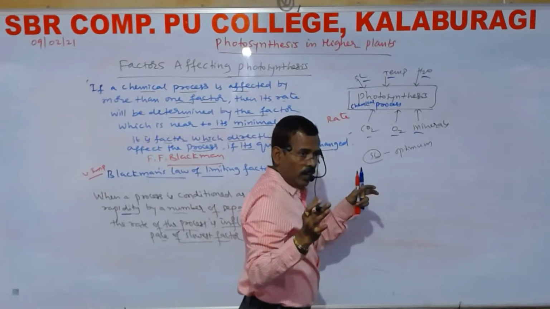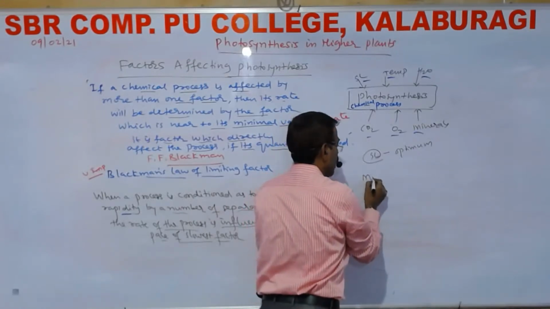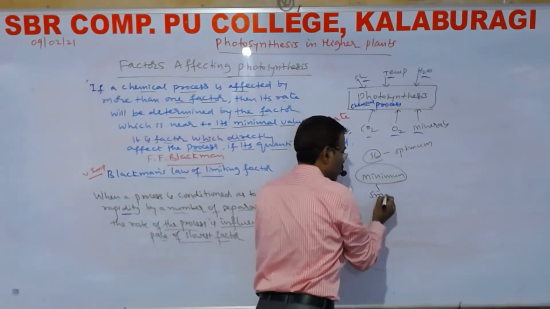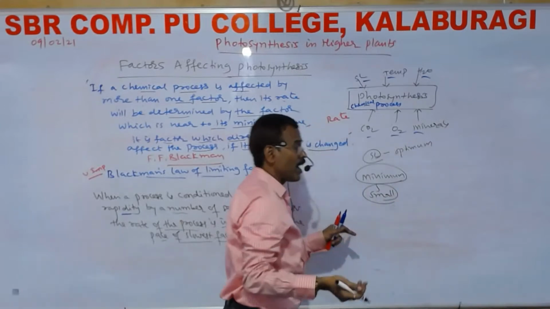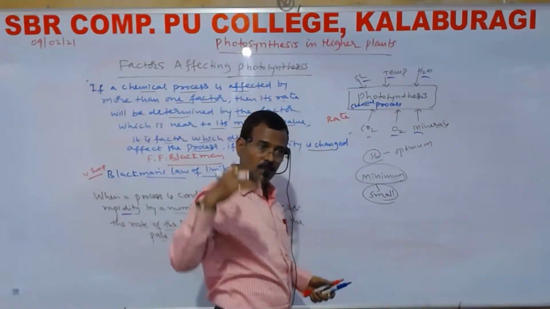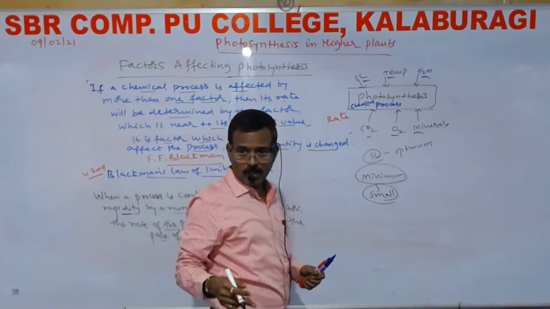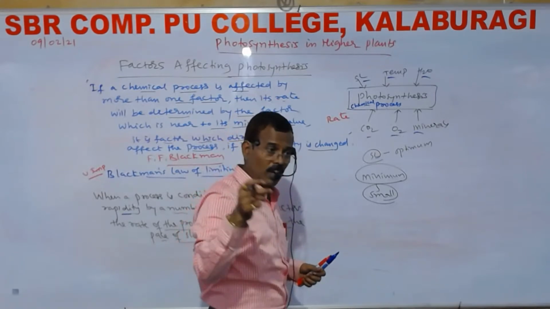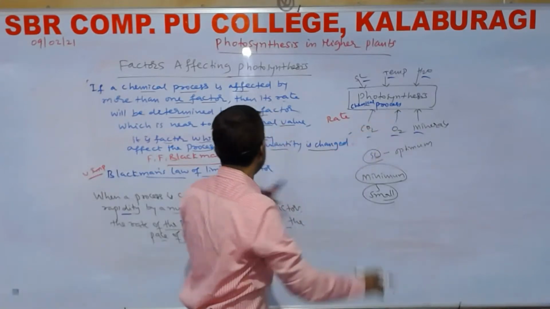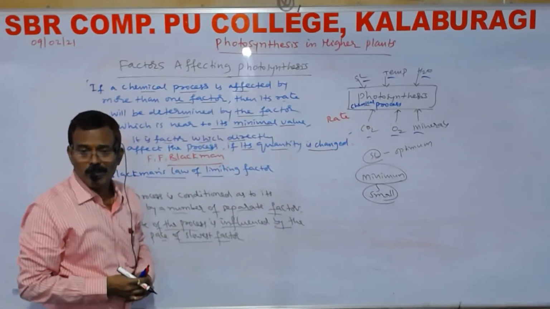So when other factors are available in more amount, the one factor which is available in minimum amount can determine the rate of the process. Even though plenty of factors are available in more amount, this less available factor only determines the rate of the process. That is the meaning of Blackman's law of limiting factor.